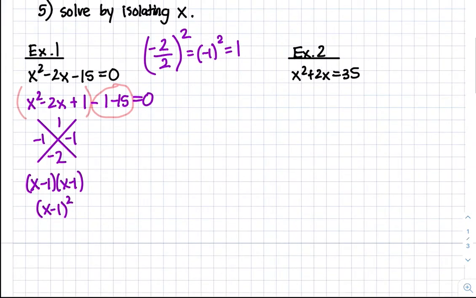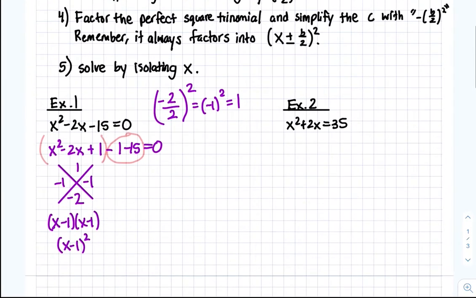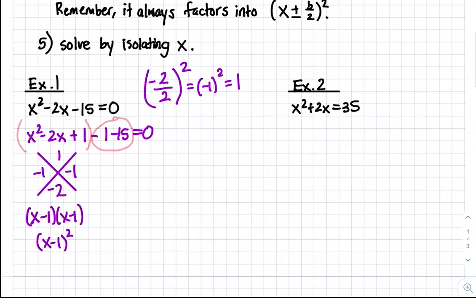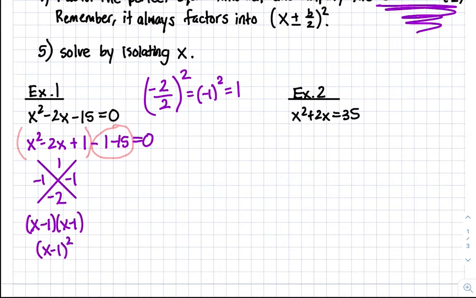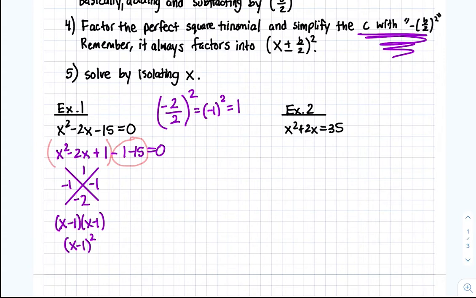So following our steps, we factored it into a perfect square trinomial, and then it says simplify c with the -b/2 squared. So that means, you guys, we need to just simplify this part. What's -1 minus 15? That's -16.